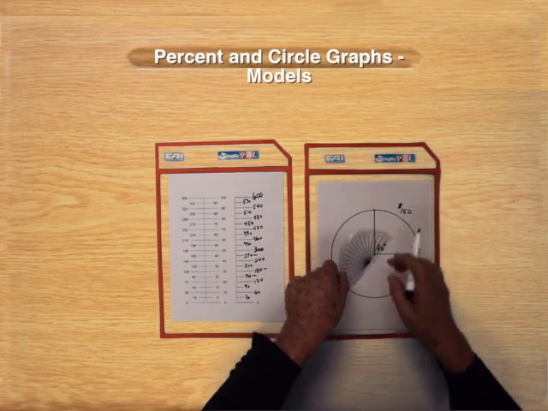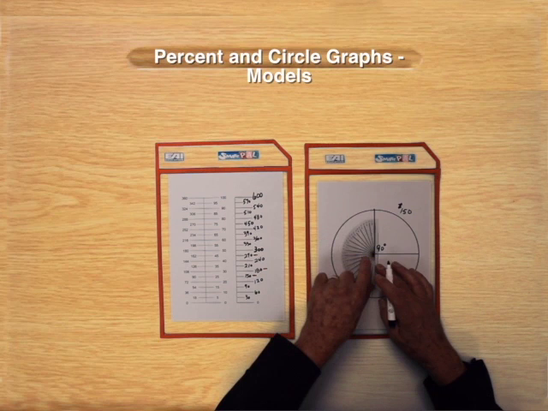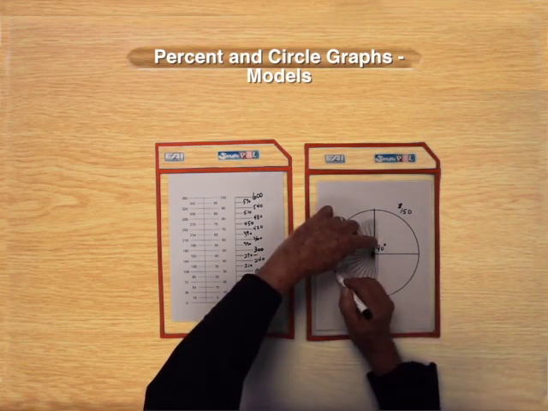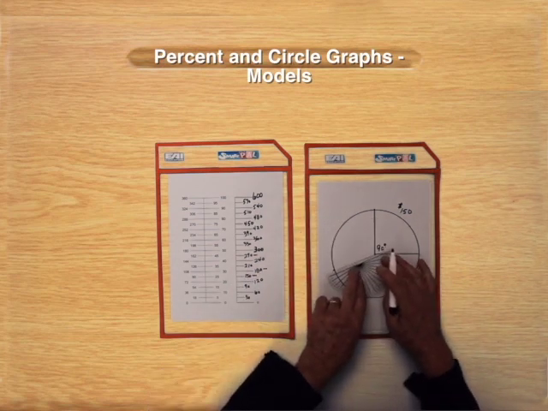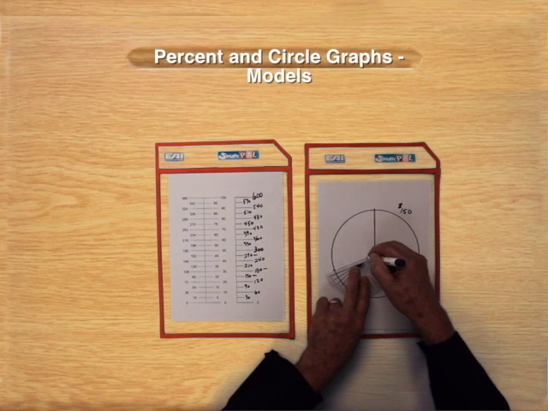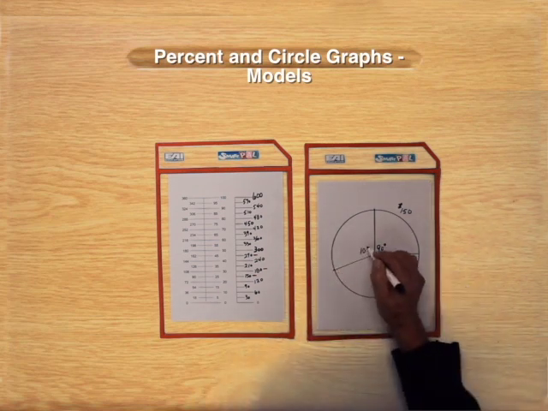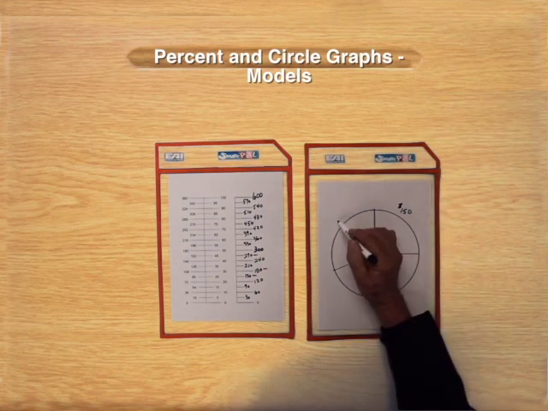So now we're going to come back and draw an additional angle of 108 degrees. And 108 degrees will be right about here. And this is 108 degrees, and that represents $180.